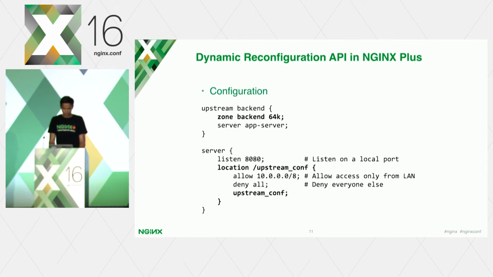And then there's a server block, which is just listening on port 8080 here, for example, with the location block inside which the upstream_conf directive at the bottom enables the use of this API. And one thing to note here is you want to make sure that access to this API is restricted. So that is what we are doing here with the basic allow and deny directives.